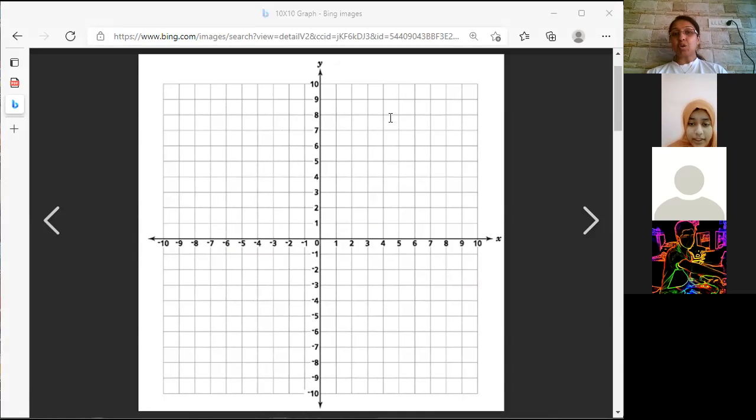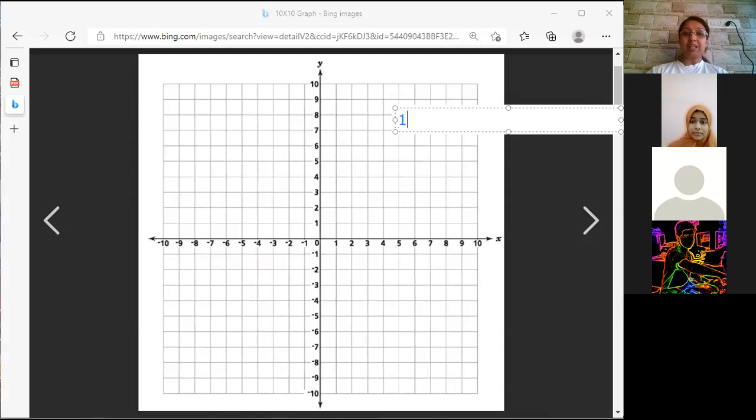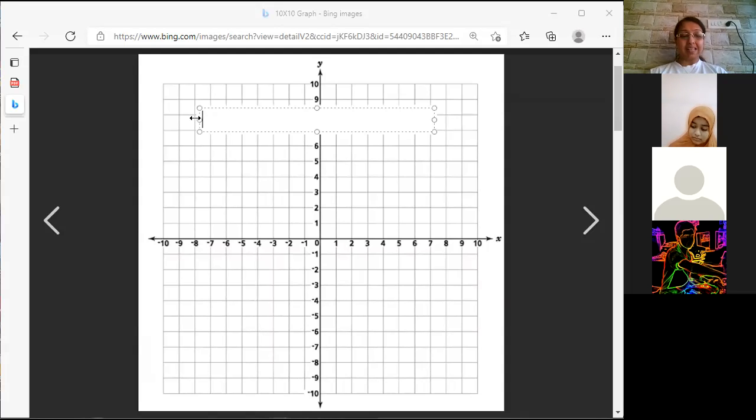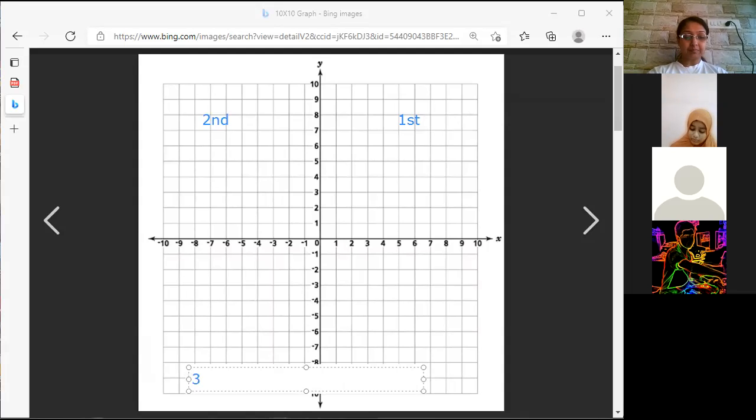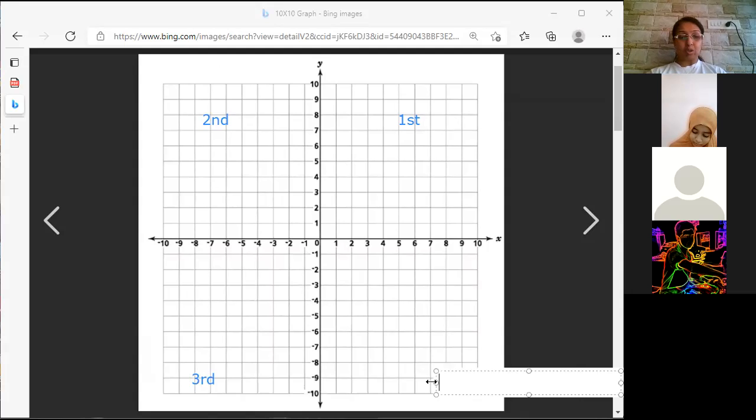You call this quadrant the first quadrant. This quadrant is the second quadrant. This quadrant is the third quadrant. And this quadrant is the fourth quadrant.